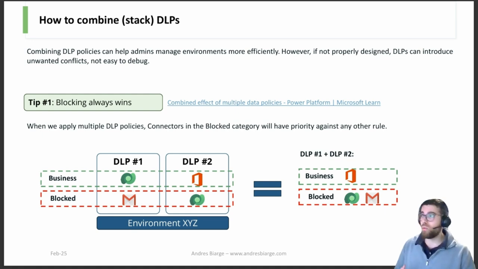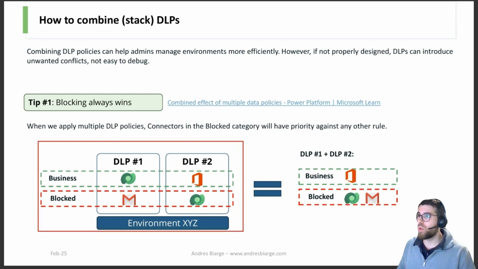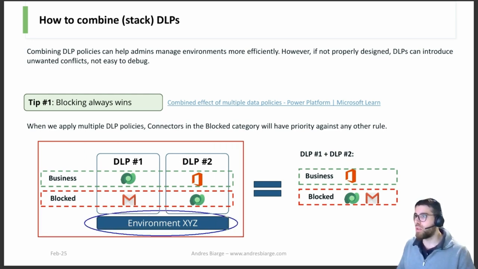To understand how that works, the first rule of gold, let's say, is blocking always wins. Basically, let's take a look at this example over here. We have an environment, environment XYZ, and we have two DLPs, DLP1 and DLP2, that apply to this environment. Now, in the business, and I didn't bother to put the non-business, in the business, we have Dataverse in here, and in the second DLP, Office 365 Users.